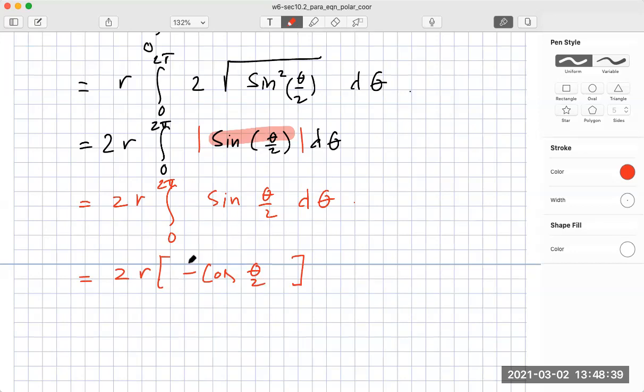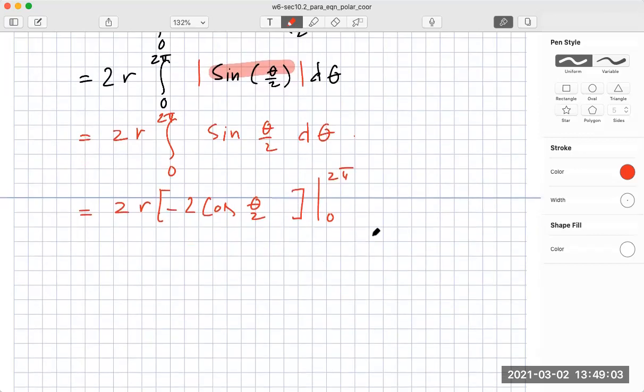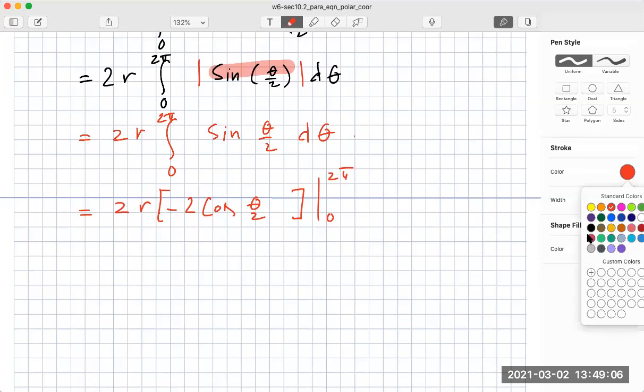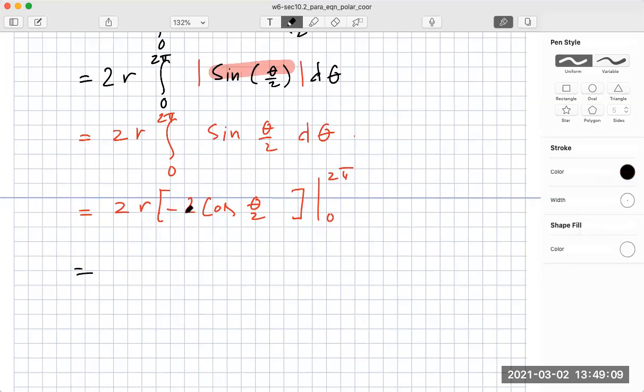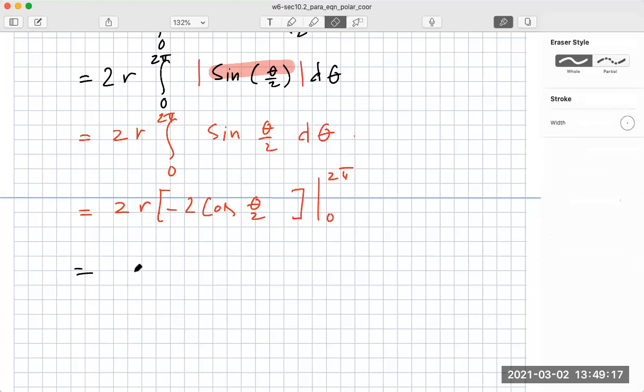Therefore, we should have twice of this, okay? Do you agree? And it is a definite integral, so we take the value from 0 to 2 pi here. Okay? Therefore, let us take 2 out, and it will be 4r.